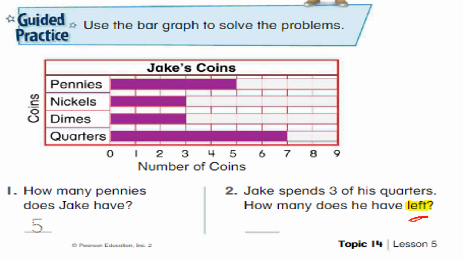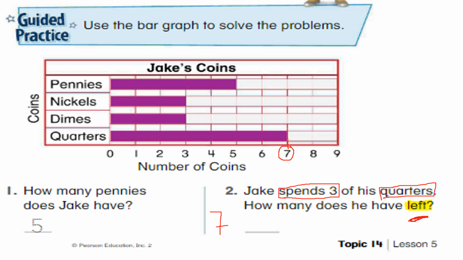Okay, now how many quarters did he have in the beginning? Look in the graph and tell me how many quarters he had. Excellent, it is 7. Very good. Okay, so how many did he spend? Very good, he spends 3 quarters.